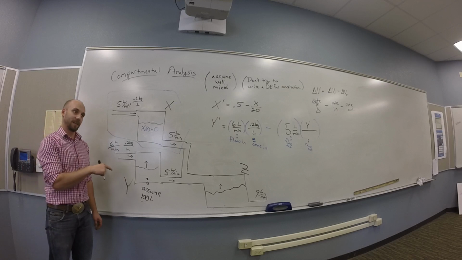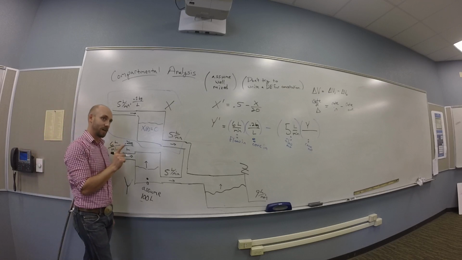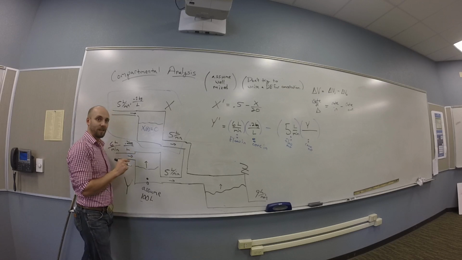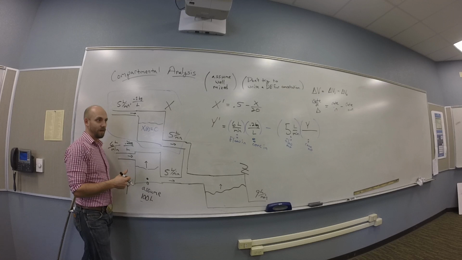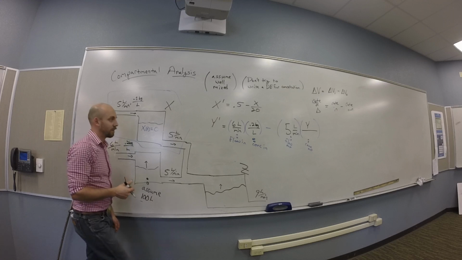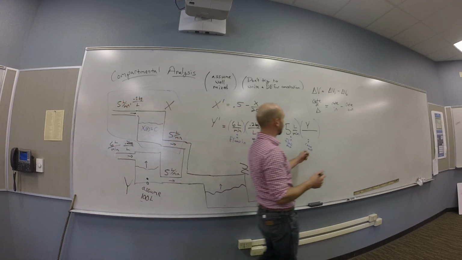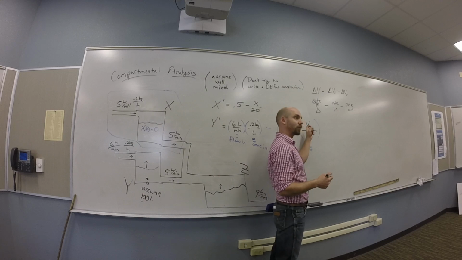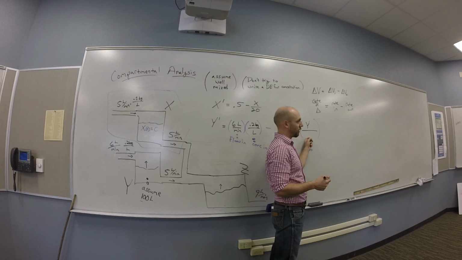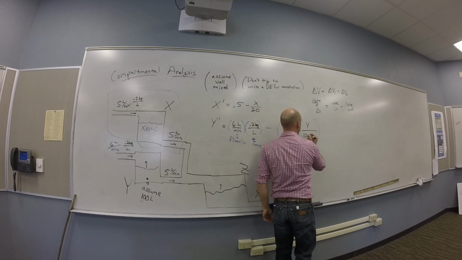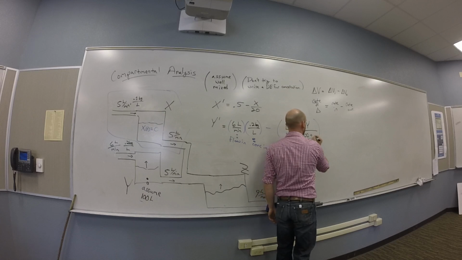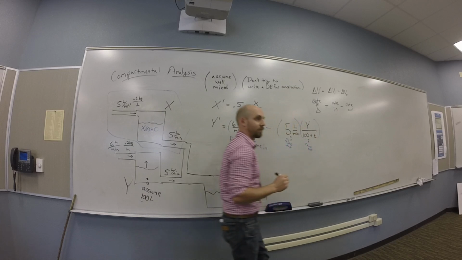This tank is special because it's filling up, gaining 1 liter per minute. So your concentration's Y kilograms per how many liters of water are in there? 100 plus T. Whatever there was to start with, plus T, because of the 6 minus 5.